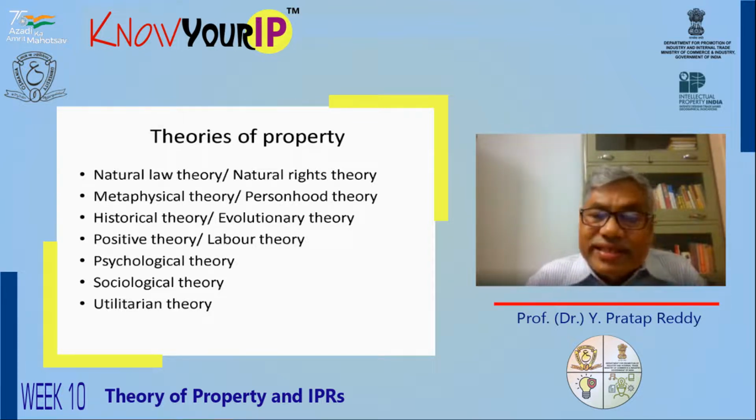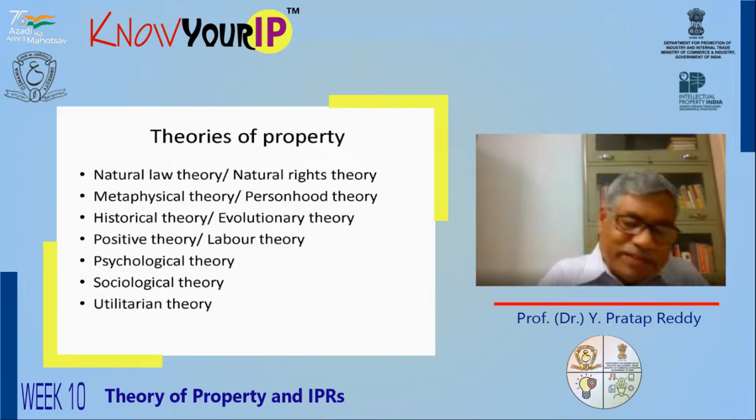Then the historical theory or evolutionary theory. What is it? Private property has a slow and steady growth. That is, from natural possession to juristic possession, from juristic possession to ownership. With the passage of time, the individual became the unit of society. Individual is the unit. Therefore, there is legal recognition of individual ownership.